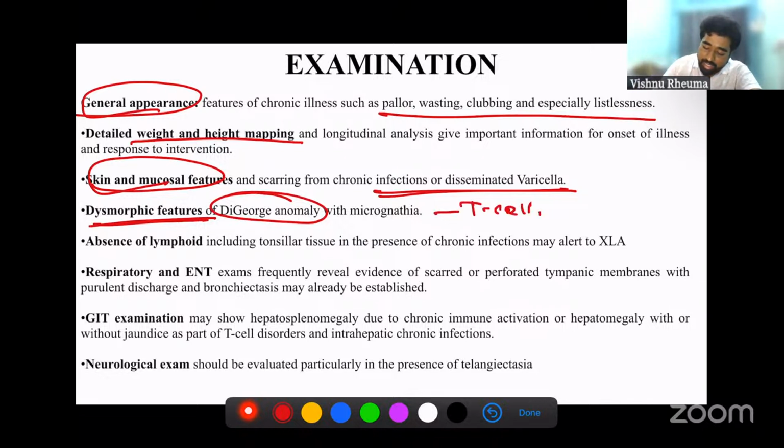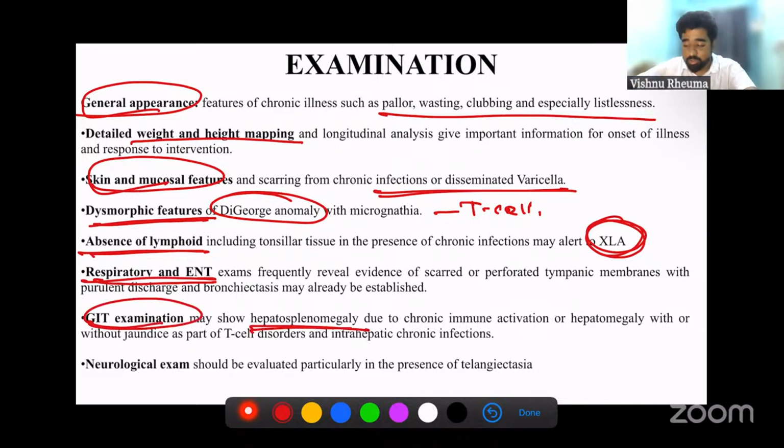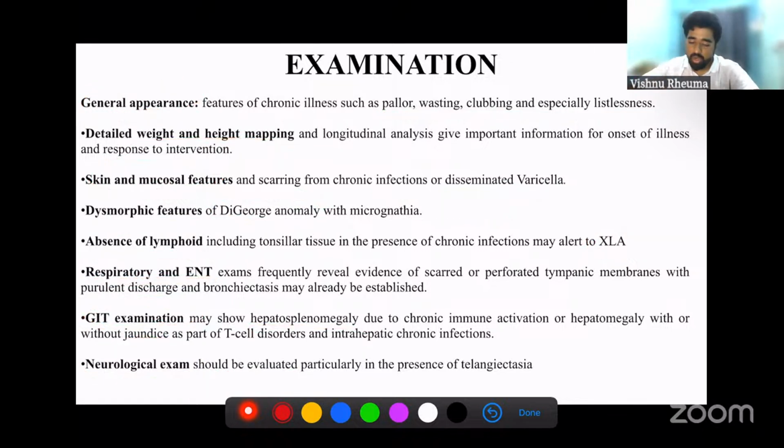Then absence of lymphoid tissue in your B cell, where you have your humoral immunity loss, especially in X-linked agammaglobulinemia, there will be complete absence of tonsils, complete absence of lymphoid tissue. Then respiratory ENT examination you have to do to look for bronchiectasis, sinusitis, etc. GIT manifestation, you have to see hepatosplenomegaly also, and neurological examination also in your ataxia telangiectasia as well. So all of these you have to do to zero in on your diagnosis.